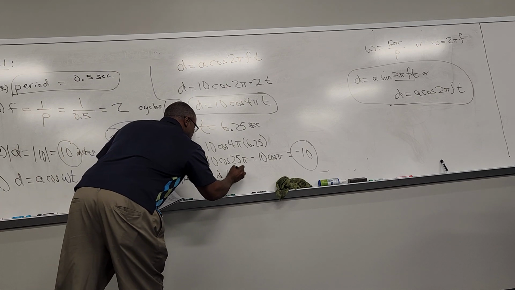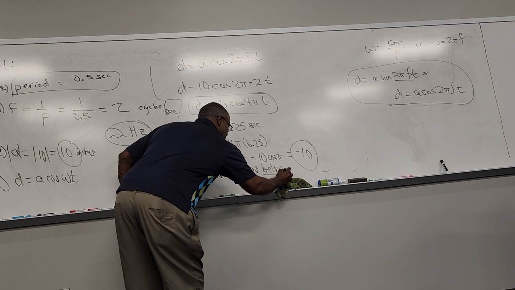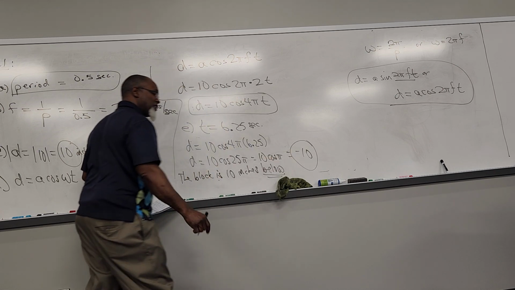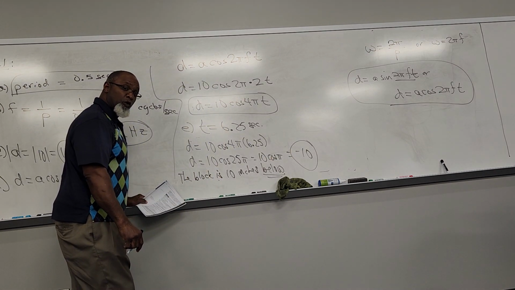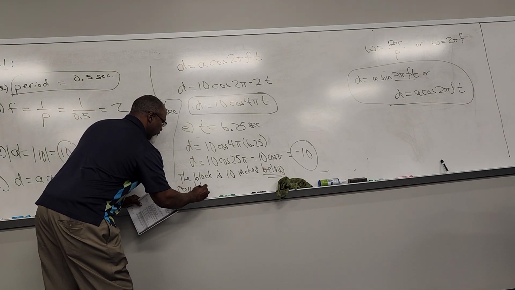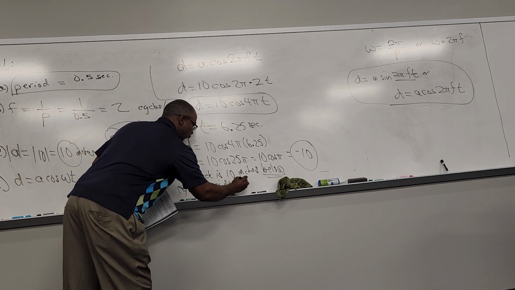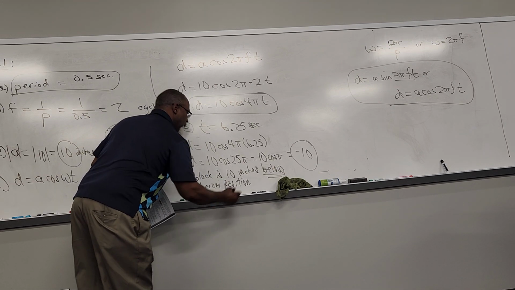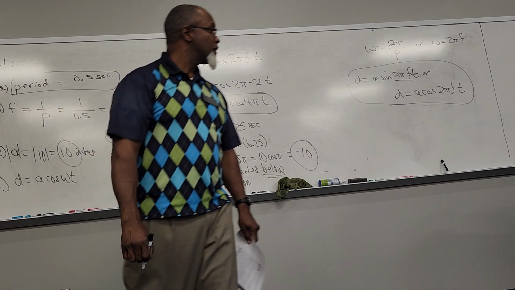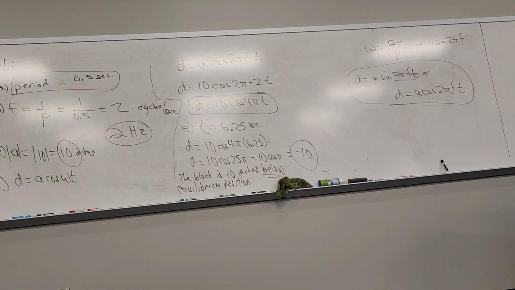The block is 10 inches below. That's the key word. That's that minus sign. That minus sign tells us it's below the equilibrium position.